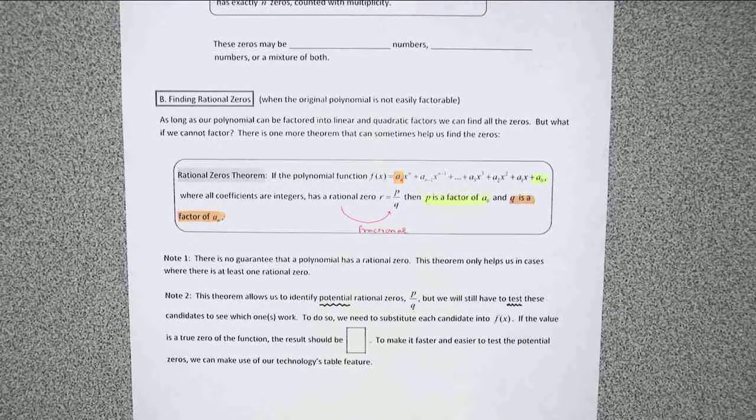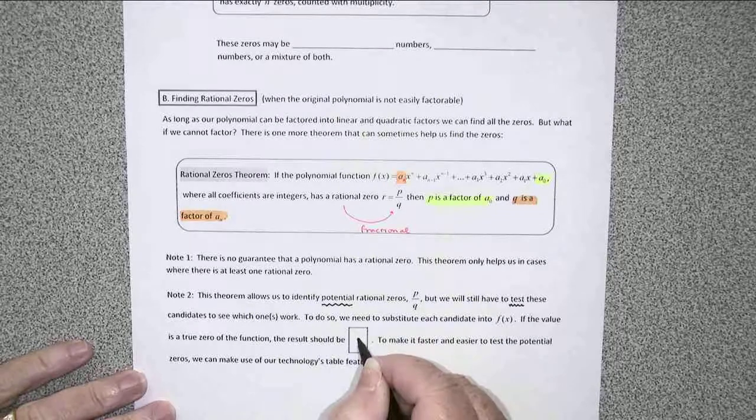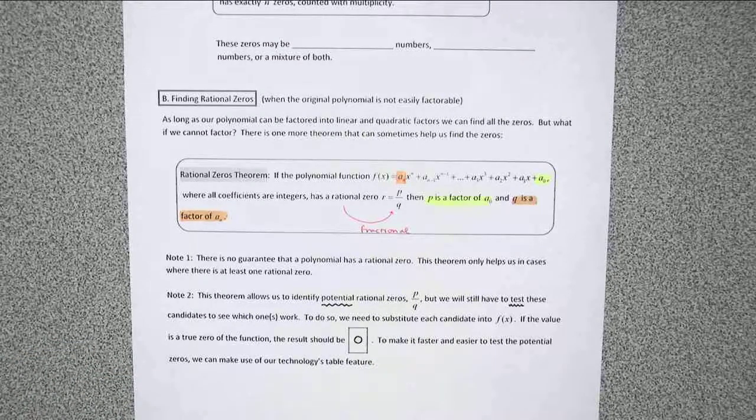To do this, we'll just substitute our candidates into f of x, and if the value is truly a zero of the function, then the result should be 0. To make checking faster and easier, we'll typically use technology, Desmos, or a graphing calculator, and use the table feature to do that checking. So let's try a problem or two.